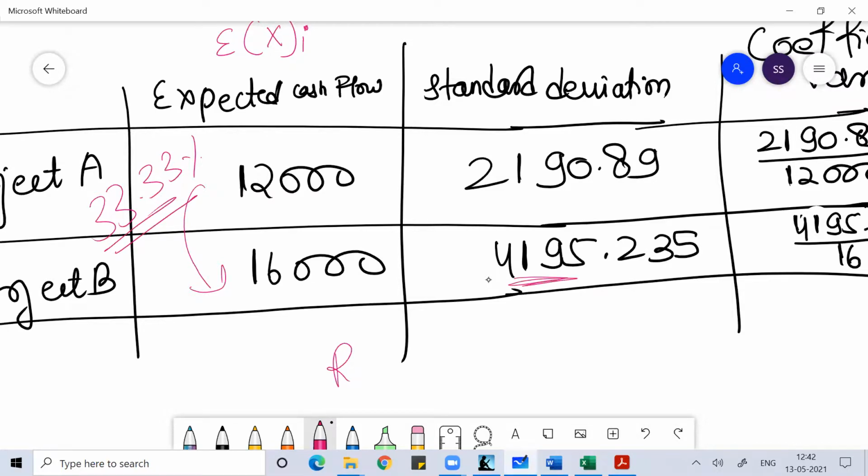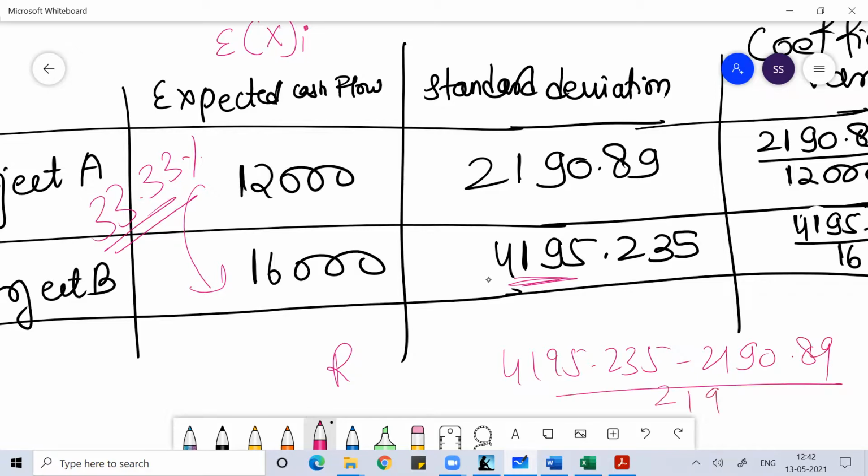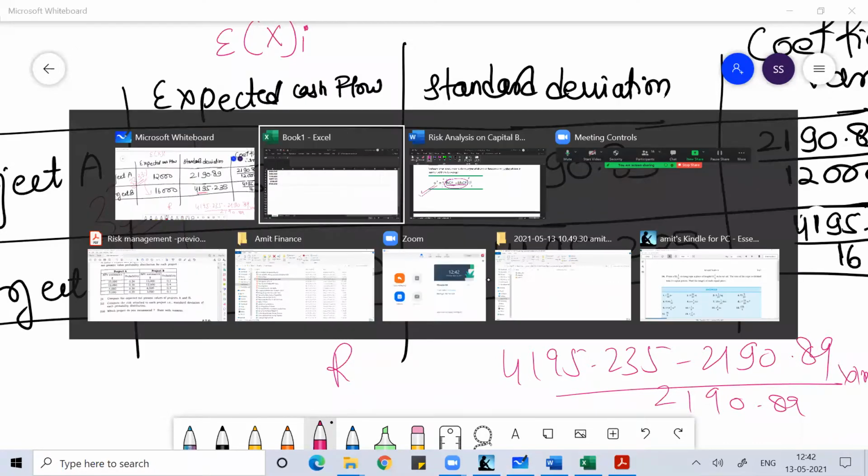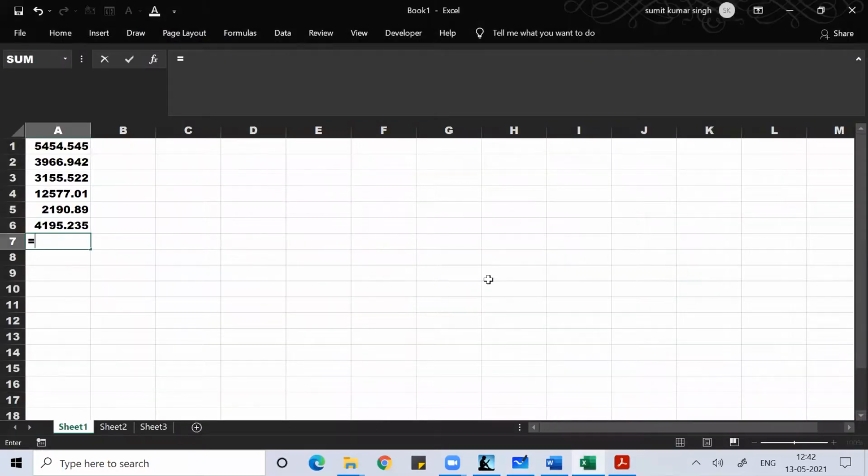But how much is the risk more? 4195.235 minus 2190.89, divided by 2190.89, into 100. If you do this risk calculation, you get 91.48.